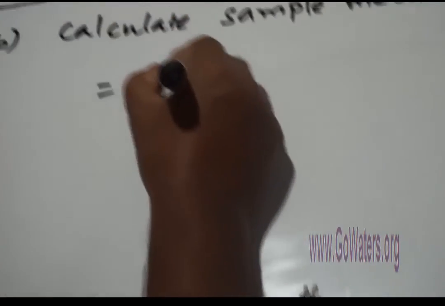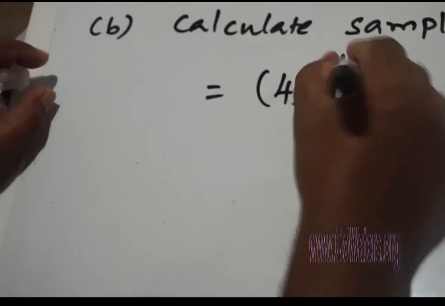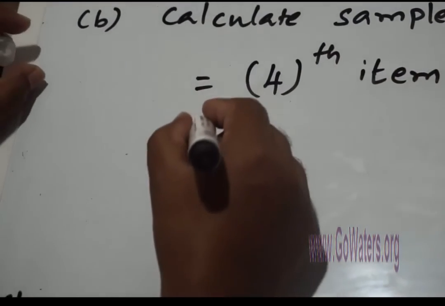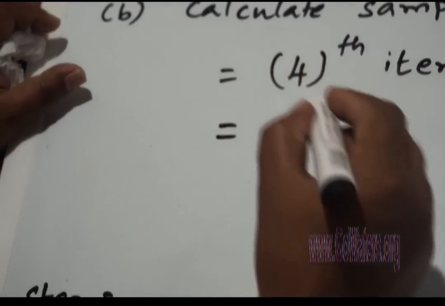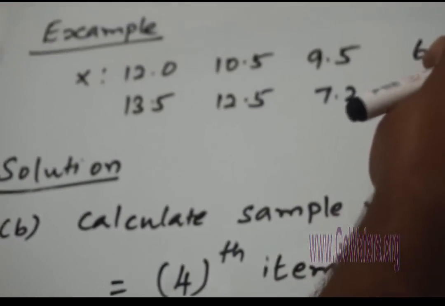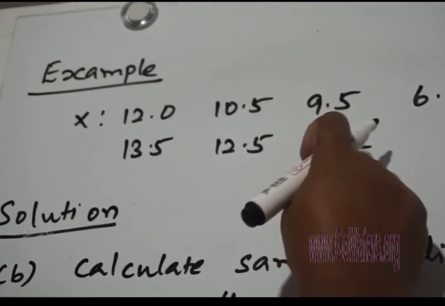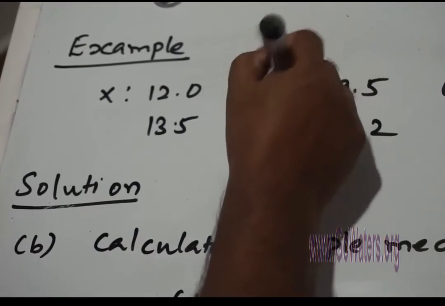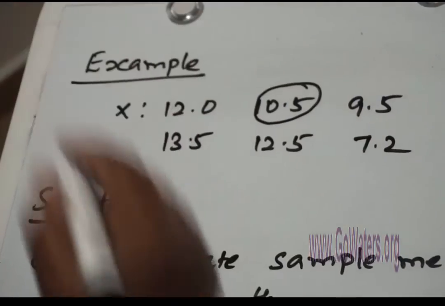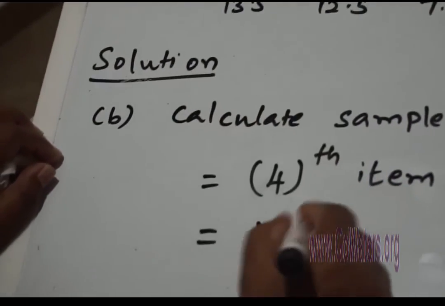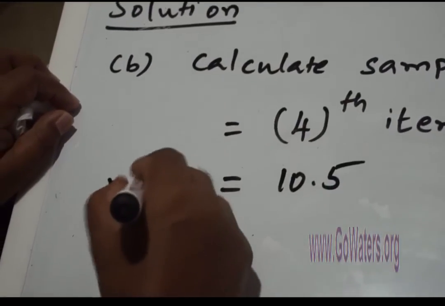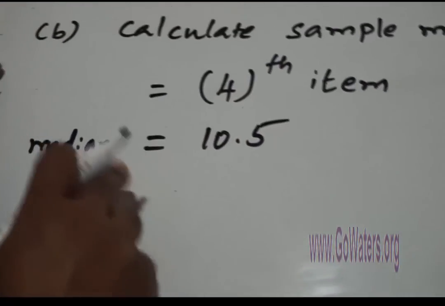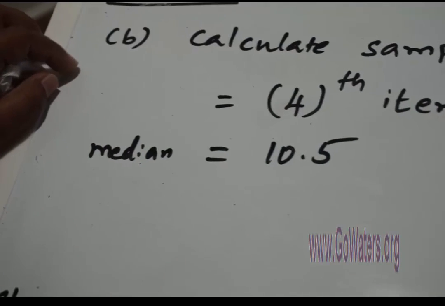So it's the 4th item. Counting 1, 2, 3, 4, it is 10.5. So 10.5 is your median. As you can see, the median is much closer to the mean.